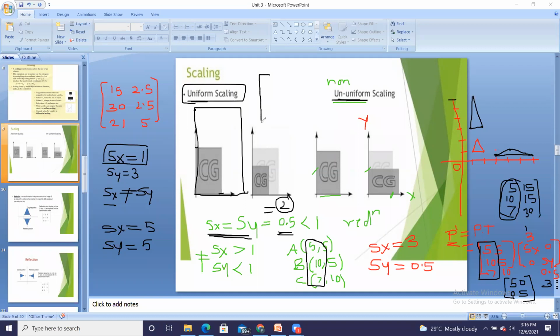I will write result over here. 25. Right. So 5 times means here it will become 25, 25. Then 50, 25, then 35, 50.